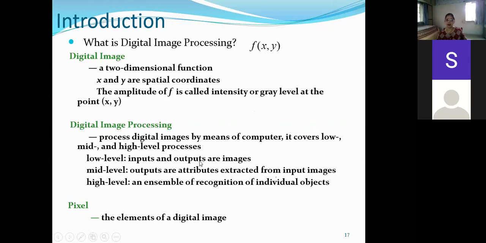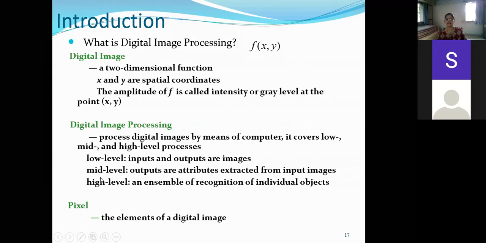So input and output both are images. For mid level processing, outputs are attributes extracted from input images. So input is an image and output is either an image, or most of the time certain features that you are extracting from the image.